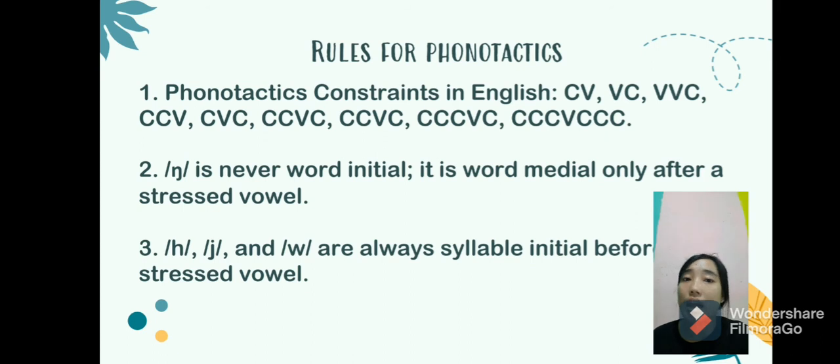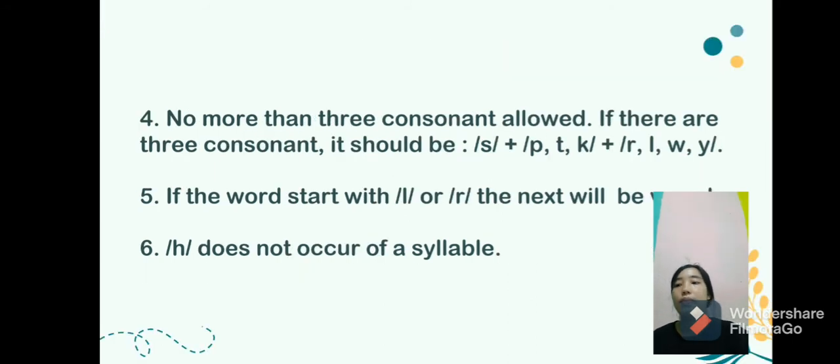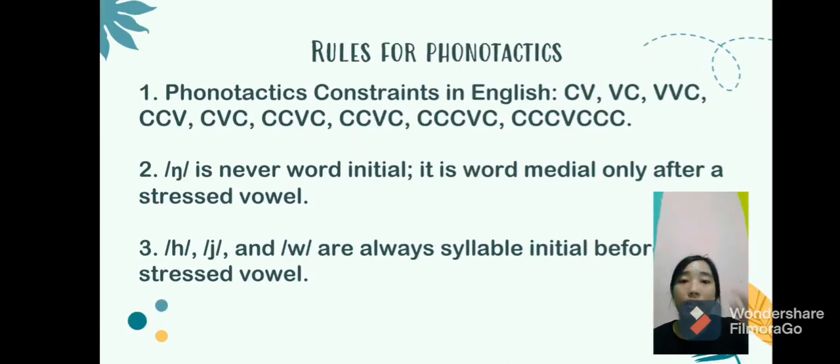So there's always a vowel in one word. For the next one, ng is never word initial. It is word medial only after a short vowel. And for the third one, y and w are always syllable initial before a vowel.